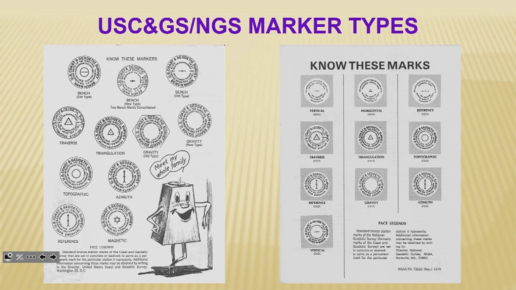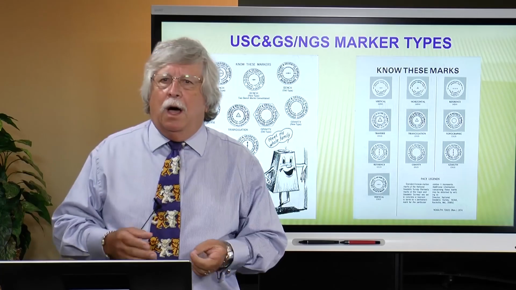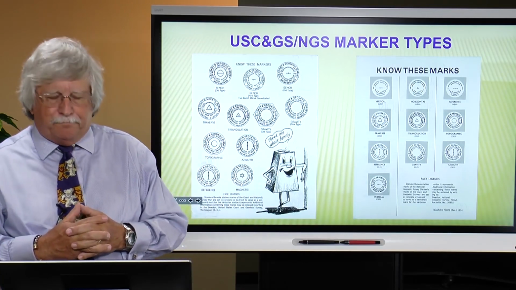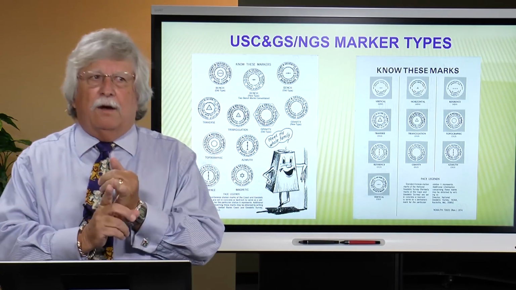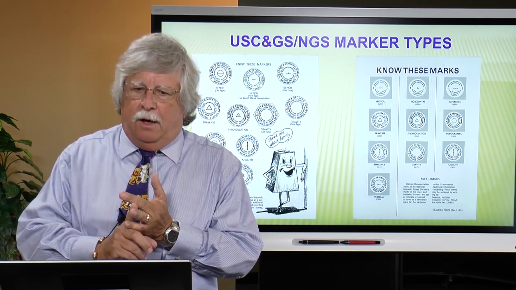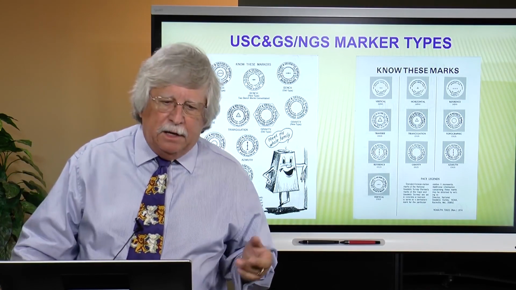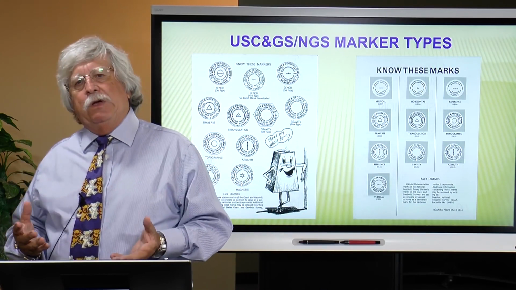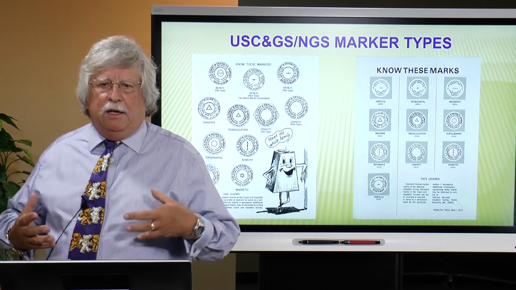As all of these high accuracy data were being collected, horizontal values, latitude, longitude, or height values, as the images that I just showed you can indicate, it took a lot of time.